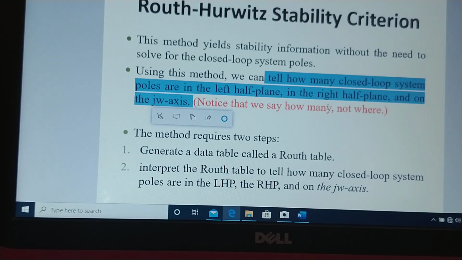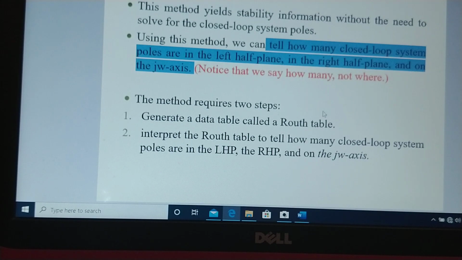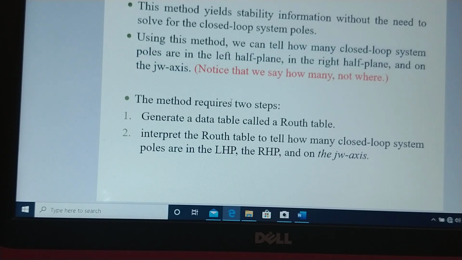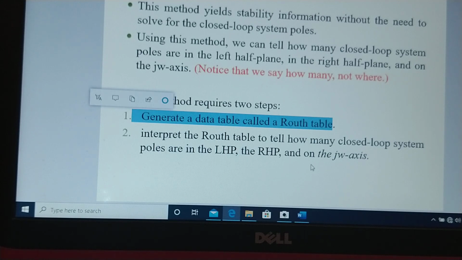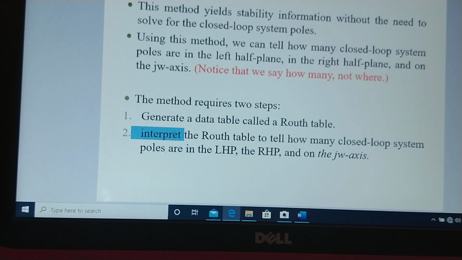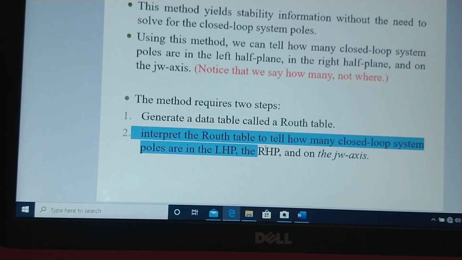That's very important. So this method requires only two steps. The first step is to generate a data table which is called a Routh table. Second, interpret the Routh table to tell how many closed loop system poles are in the LHP, left half plane, RHP, right half plane, and on the imaginary j omega axis.